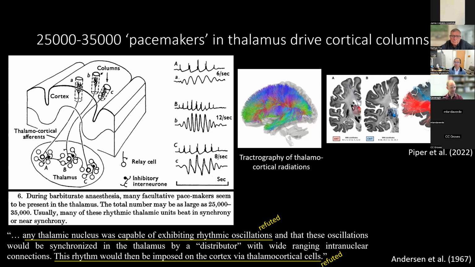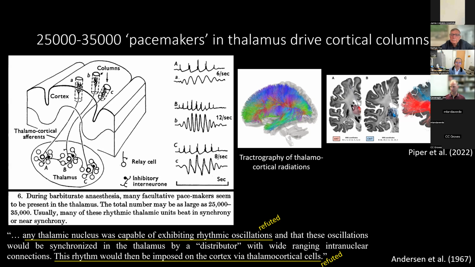Some thalamic nuclei do not show rhythmic activities. Another important statement they made was that the rhythm generated inside the thalamus would then be imposed on the cortex via thalamocortical cells. So this idea is probably still believed by some of the EEG researchers who haven't read those studies on this issue.